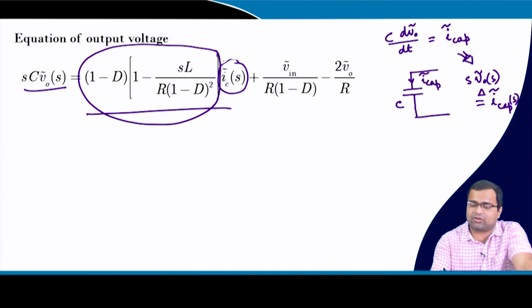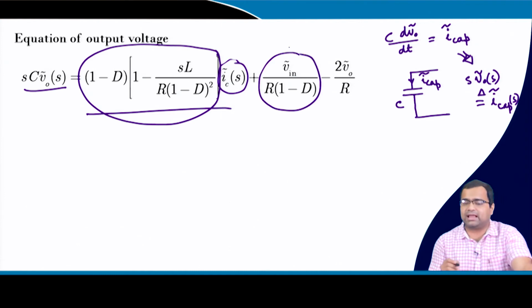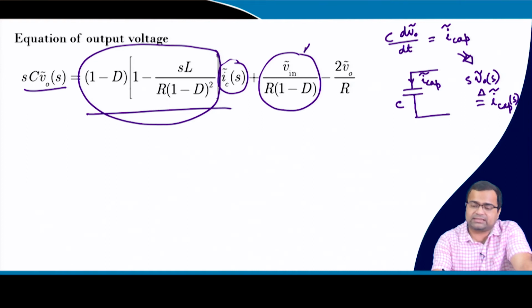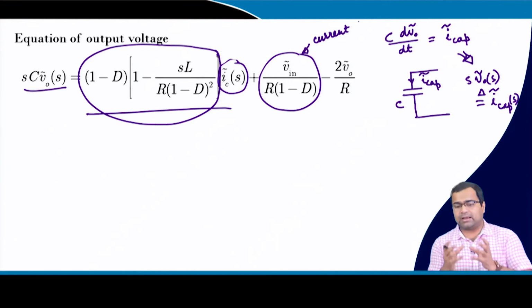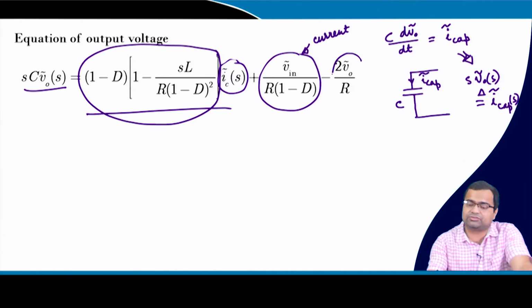Then you can think of this quantity as virtually a current; dimensionally it represents current, because it is voltage by resistance and D is a dimensionless quantity. So, it represents current. Similarly here also, but this term we can divide into two parts.